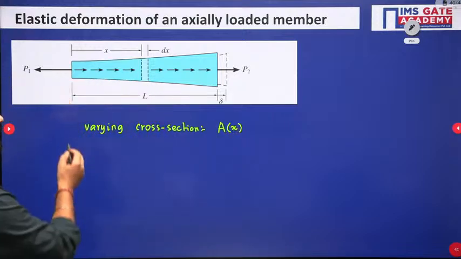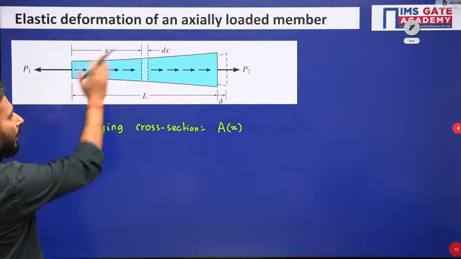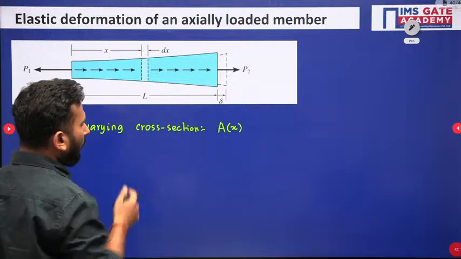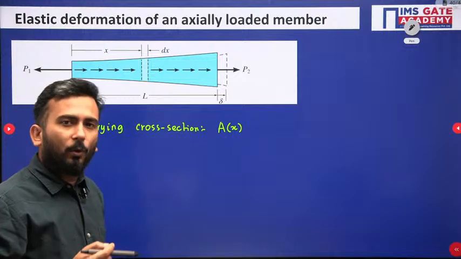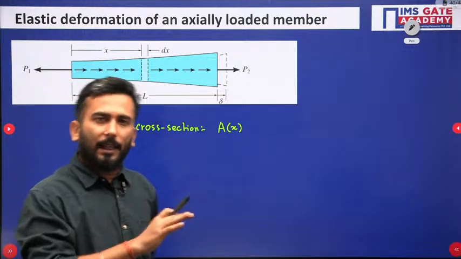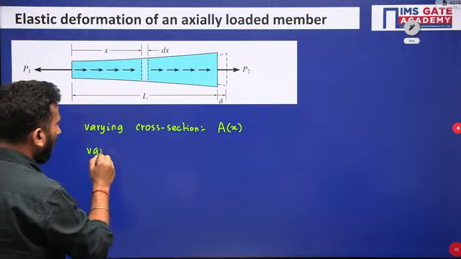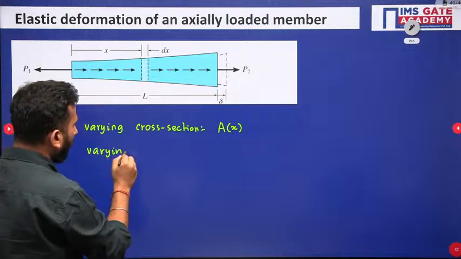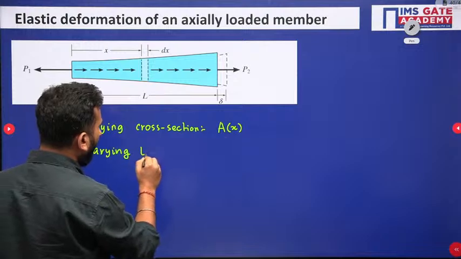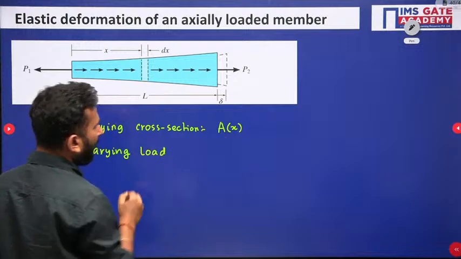X, you can see, is the distance from the left hand. Also, generally your load is constant, but here I will take that it is varying. So varying external load I am also taking into account.